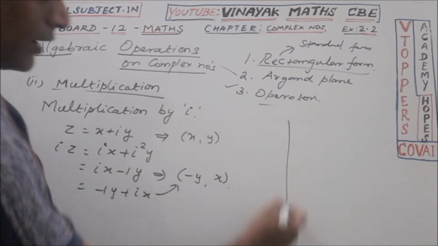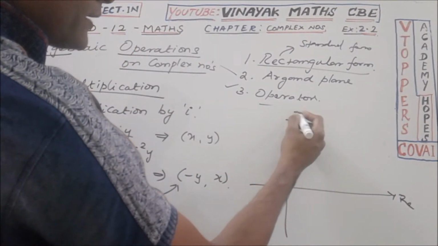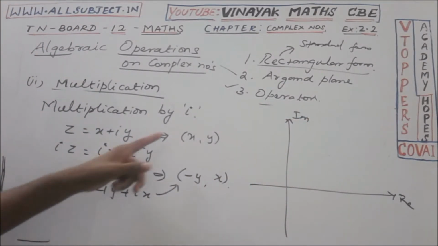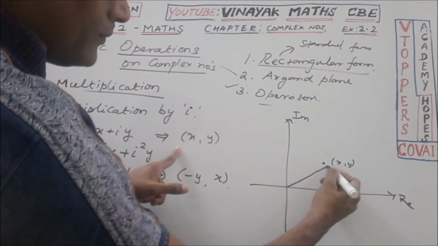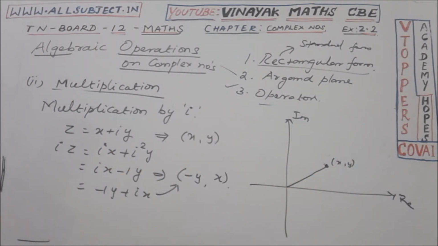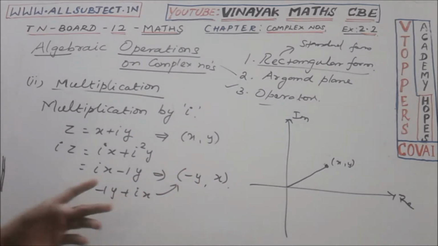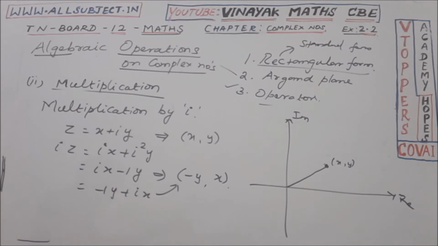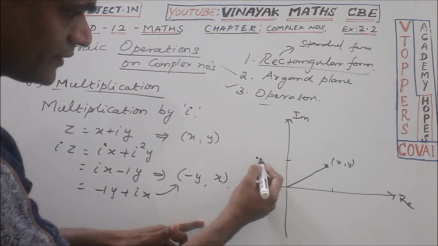Now plotting in the Argand plane, we have this real and this imaginary axis. (x, y) is somewhere here, in the first quadrant. Now look at here, (-y, x) represents a negative and a positive. So (-y, x) is taken as here.